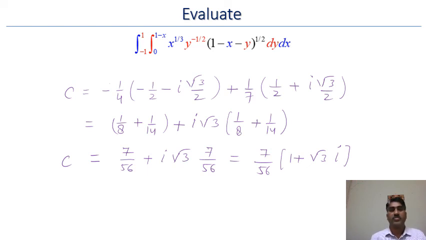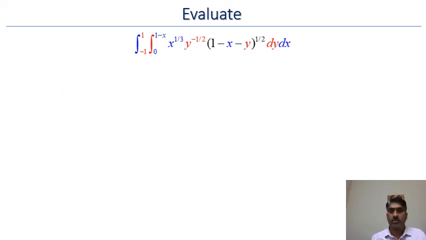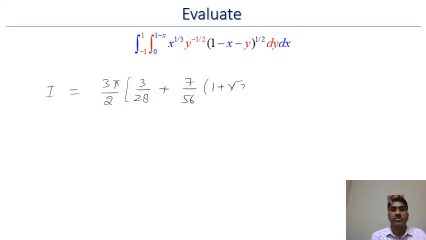And in terms of this value of C, we will get the integral I equal to 3 pi by 2 times 3 by 28 plus 7 by 56 into 1 plus root 3 I. You can further simplify these two real numbers, 3 by 28 and 7 by 56.